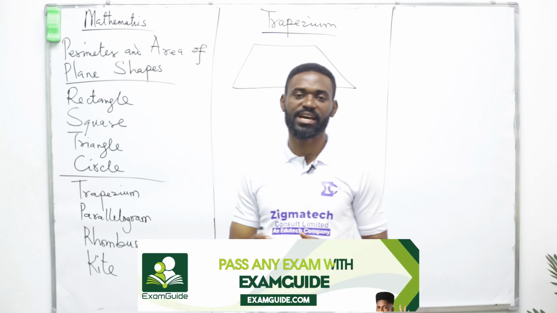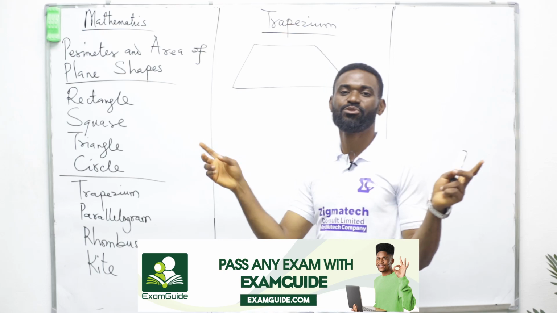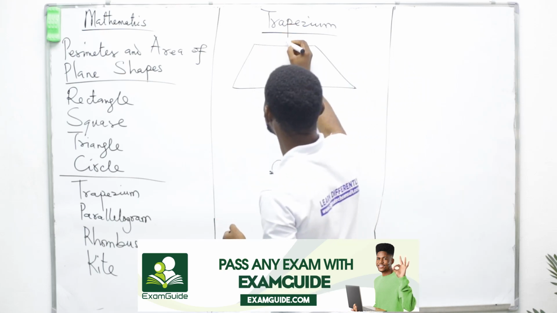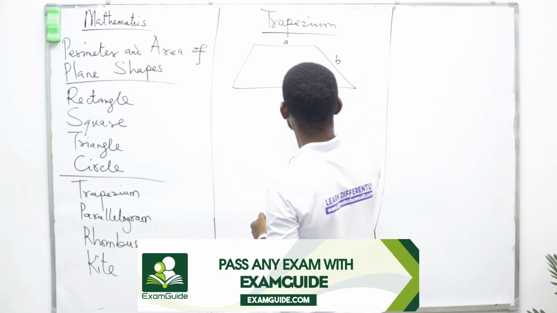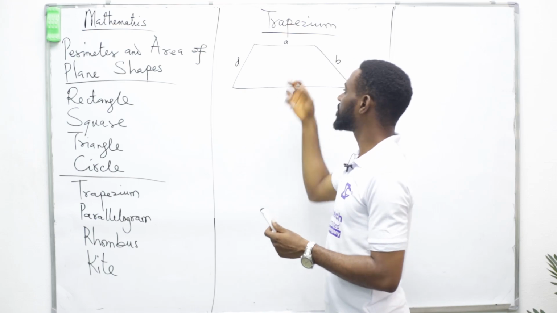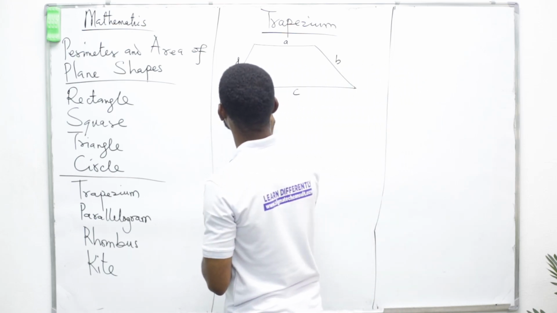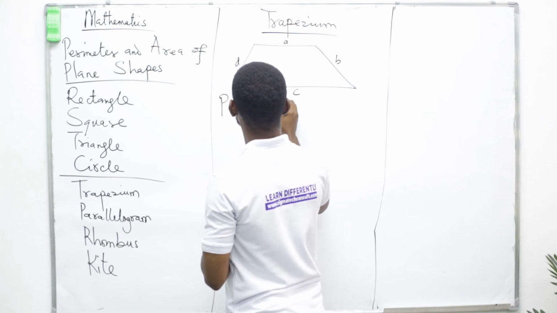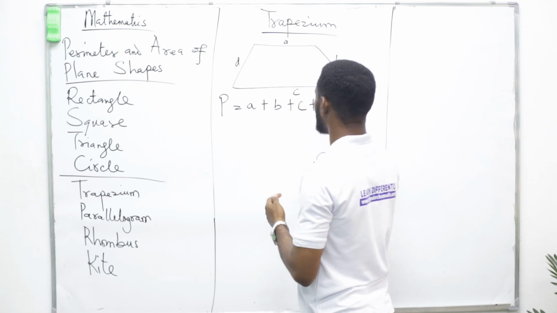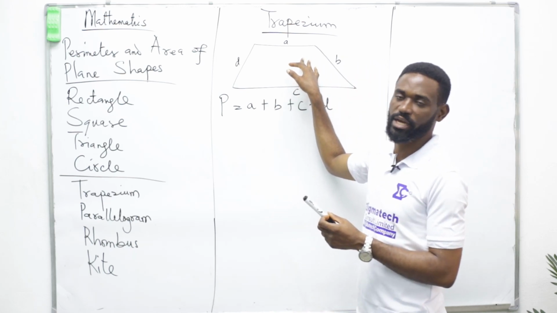Quadrilateral is a shape that has four sides. So it's a quadrilateral with no side equal, okay? So if this is A, this is B, this is C, this is D, all right? Perimeter of this shape means addition. It means P is addition of A plus B plus C plus D.